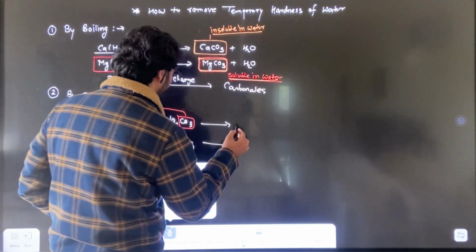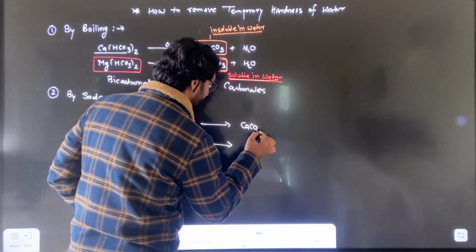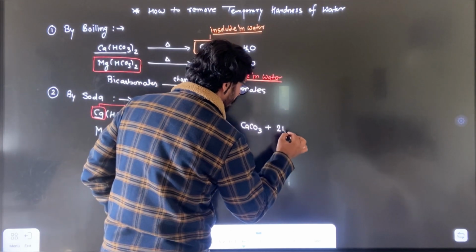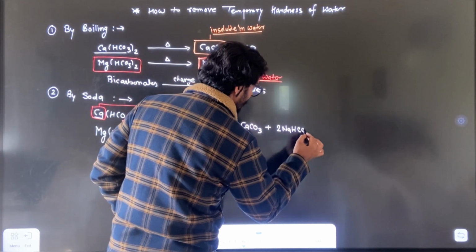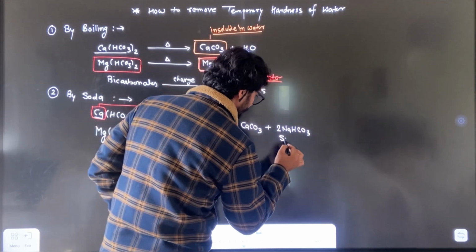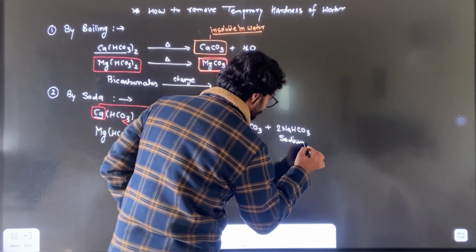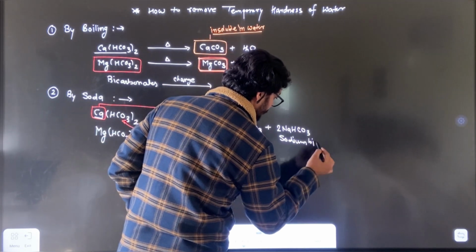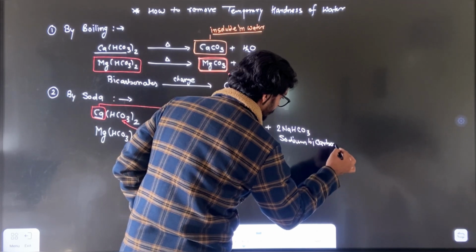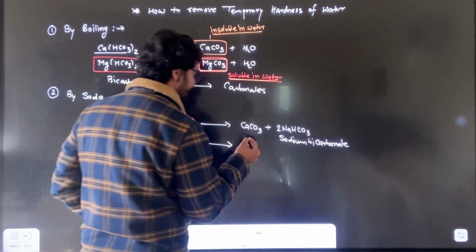The product will be calcium carbonate and 2 moles of sodium bicarbonate. This salt is known as sodium hydrogen carbonate, and this is calcium carbonate.